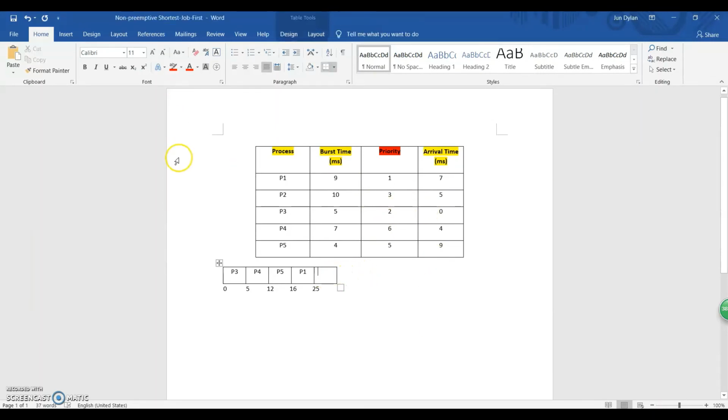And the last one, we pick the remaining one. It's very easy. The remaining one is P2. So we put in P2 first and add 25 with the P2 burst time, which is 25 plus 10. So it becomes 35. So this is our sequence.